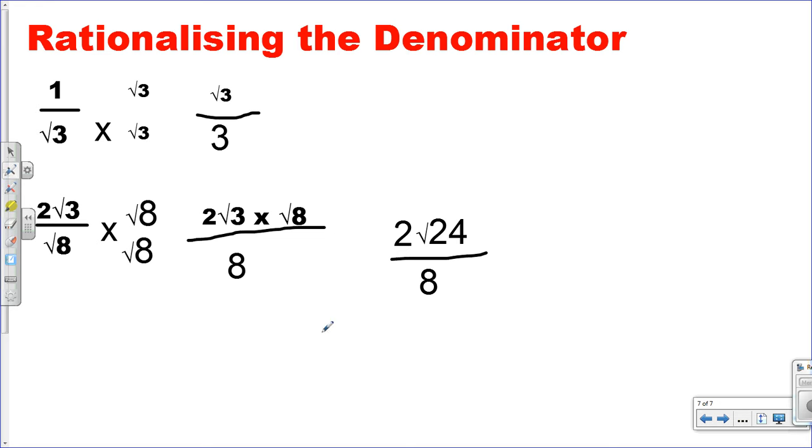That is still not in its simplest form, because we can actually simplify that square root 24. How can we do that? Well, if we think about our square numbers, 4 times 6 is equal to 24.